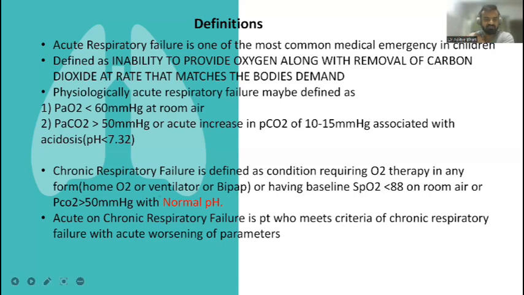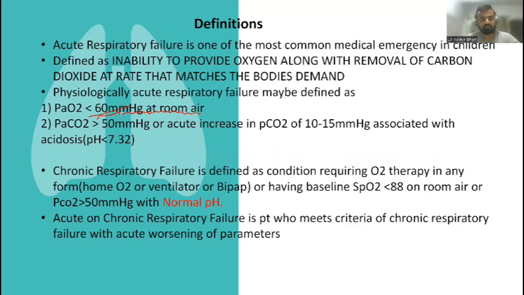Now, what is the definition of respiratory failure? The definition is PaO2 less than 60 millimeter of mercury at room air. Mind you, it is at room air, not when you are giving O2.